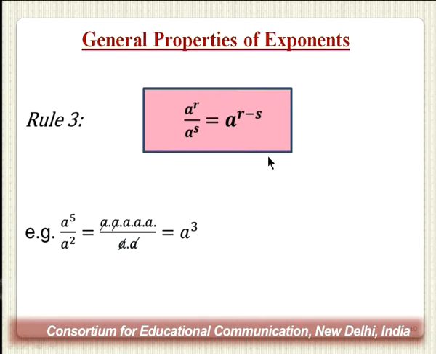Again, let's look at an example to see how this works. So here I have taken r equal to 5 and s equal to 2. So we get in the numerator a to the power 5, which is a multiplied by itself 5 times. In the denominator we have a squared, and you can see here that 2 of the a's in both the numerator and denominator get cancelled, and you get a cubed, which is nothing but a to the power 5 minus 2.